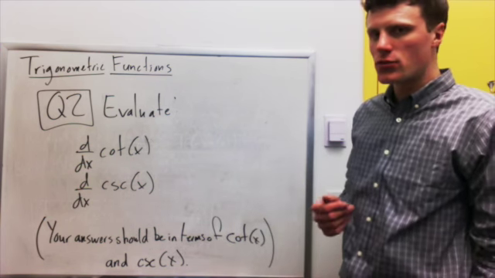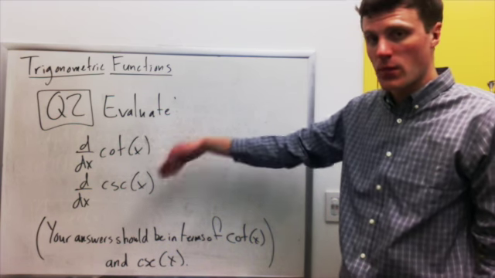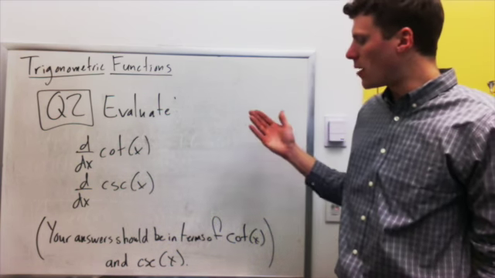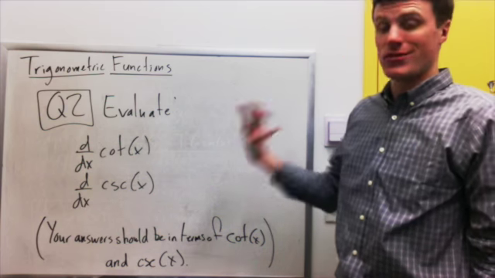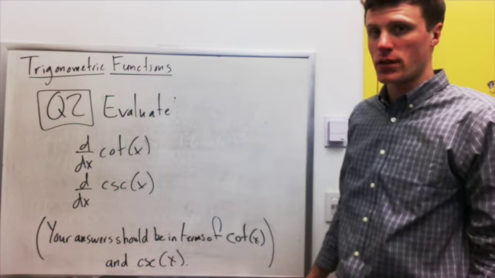You're going to have to use trig identities, at least for this derivative right here, the Pythagorean identity. And to start off, you're going to have to rewrite these both as ratios of trig functions.